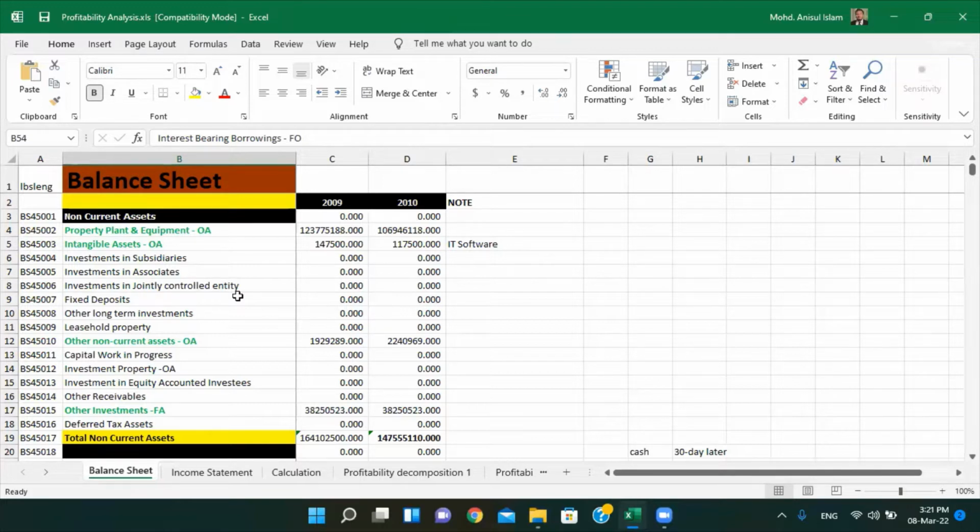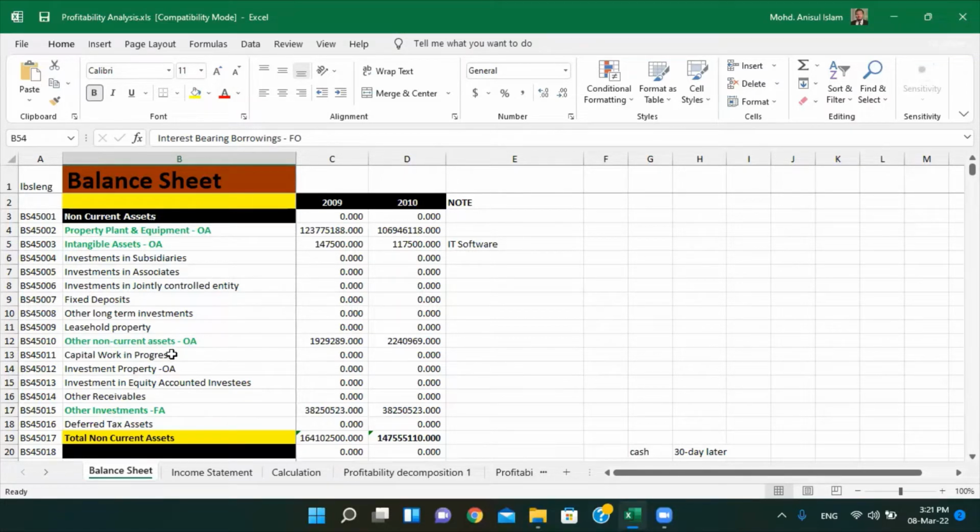As you have understood the nature of the company, you can identify what kind of assets of this company should be operating asset, and what kind of assets should be financial asset. You see that I have identified the operating assets and the financial assets using green color.